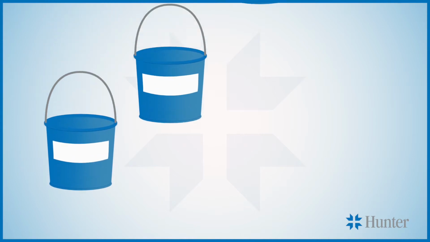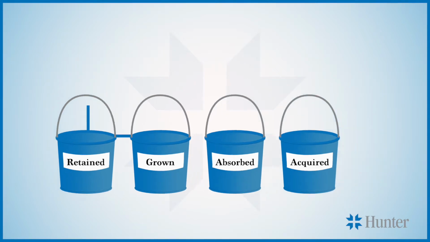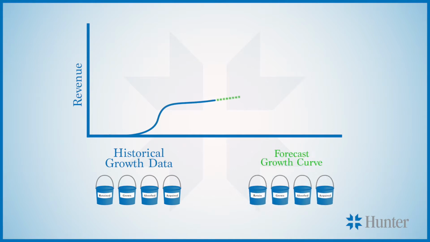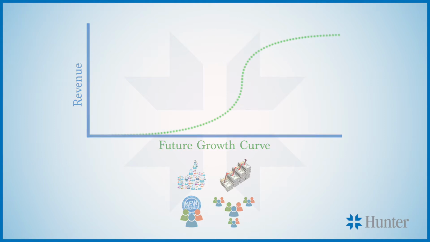Divide sales and annual revenue growth or decline into these buckets: retained, grown, absorbed, and acquired. Extend this historical data that's in each of these buckets into a forecast for next year, assuming the business will continue along the same curve. Now examine the revenue of the 4 growth components according to these forecasts.